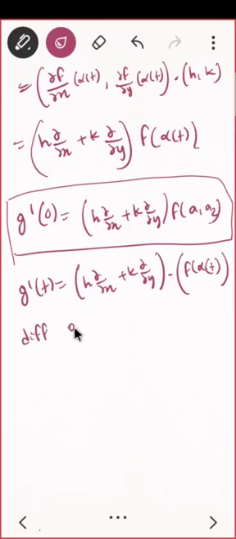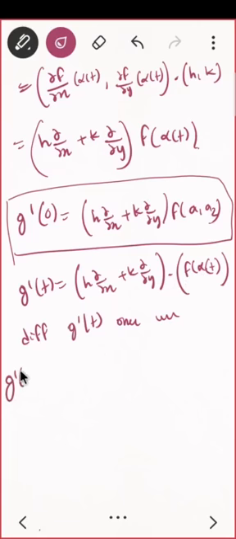Differentiate g dash of t, once we get it using chain rule again. So if you apply chain rule, now you see something. You want to find g dash of t, correct? And g is in terms of some function alpha of t, and that is actually some function f that is in x and y.